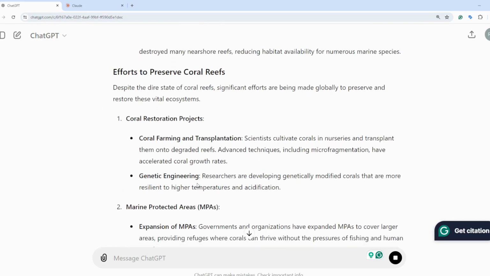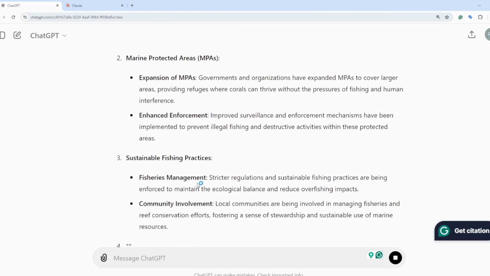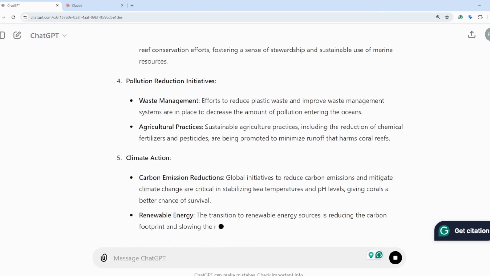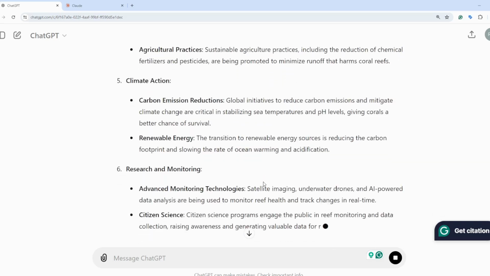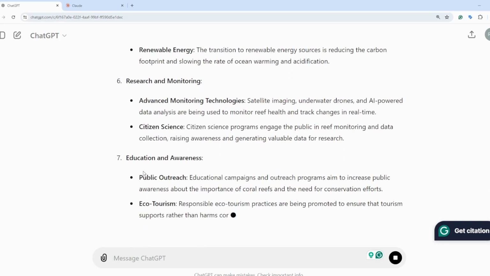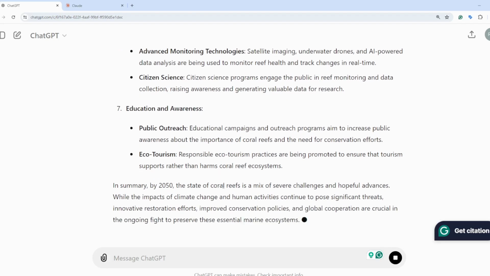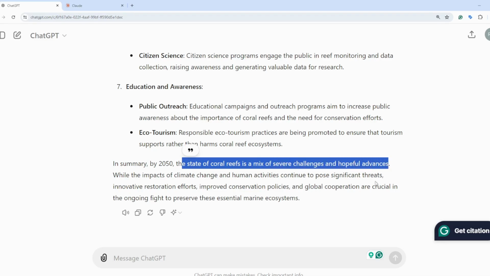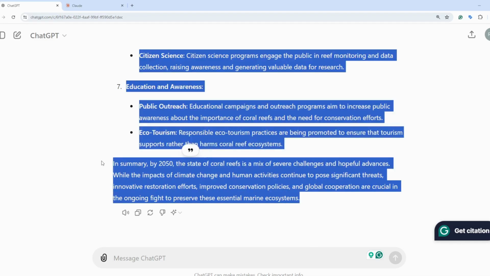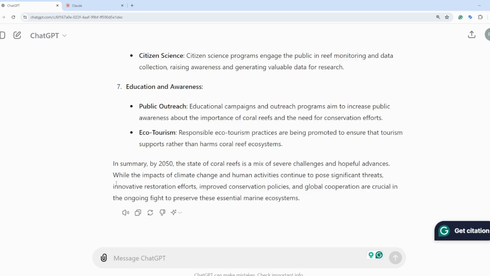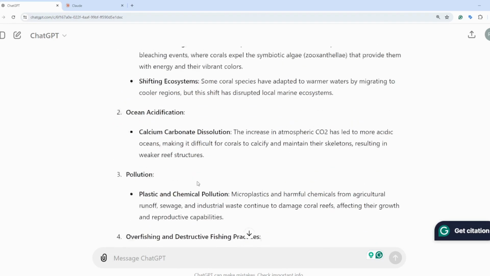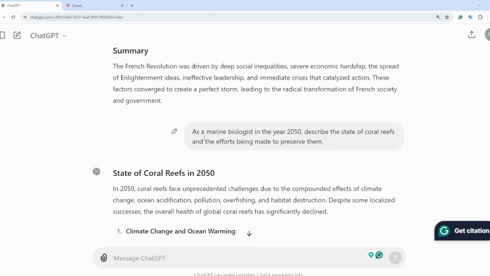It will not restrict itself, so whatever it gets, it will give us. Pollution reduction, climate action, research and monitoring, education awareness. In summary, the state of coral reefs is a mix of severe challenges and hopeful advances. This is the answer we got, and here we gave a role, so this answer is good for marine biology.